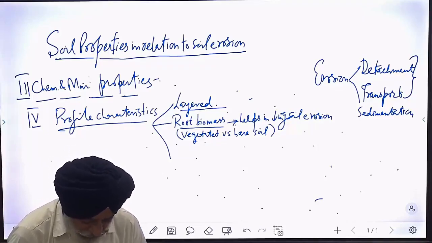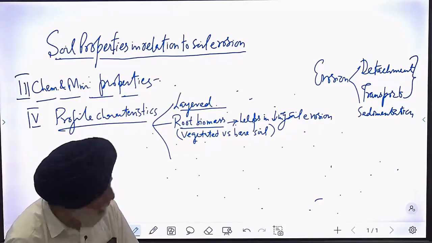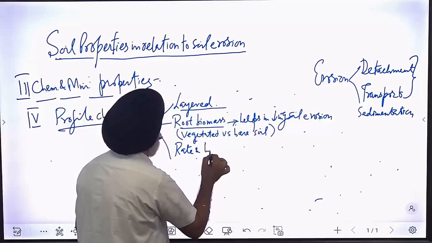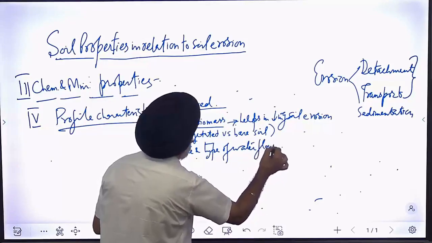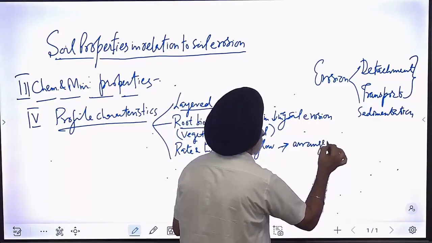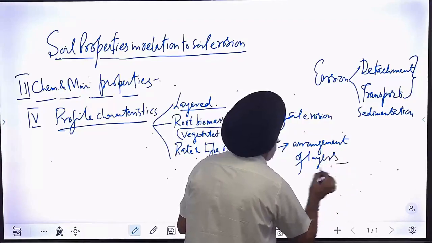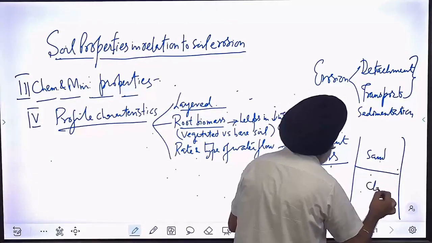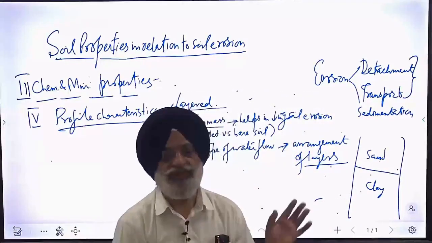And then the rate and type of water flow. This depends upon the arrangement of layers, whether the overlying layer is sand or clay, or it could be aggregated at the top and compact at the bottom, as we have already discussed.